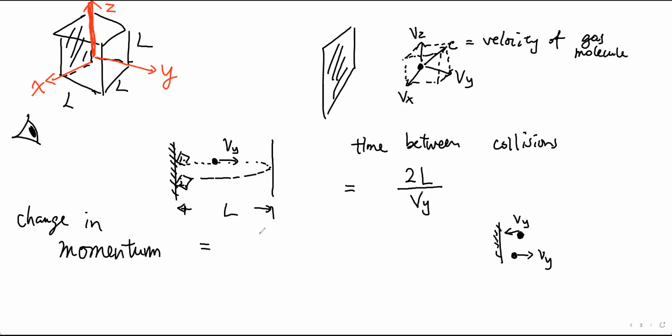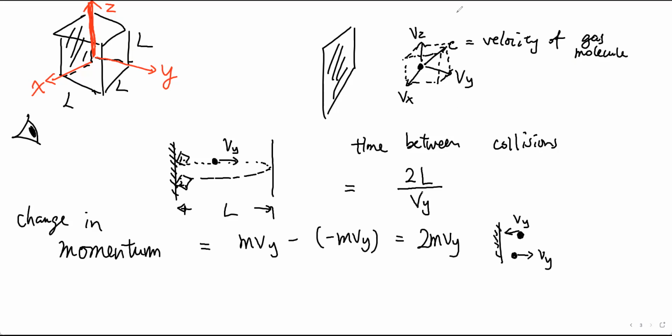So therefore, the change in momentum will be 2mVy. Written as a formula, it is mVy minus negative mVy.